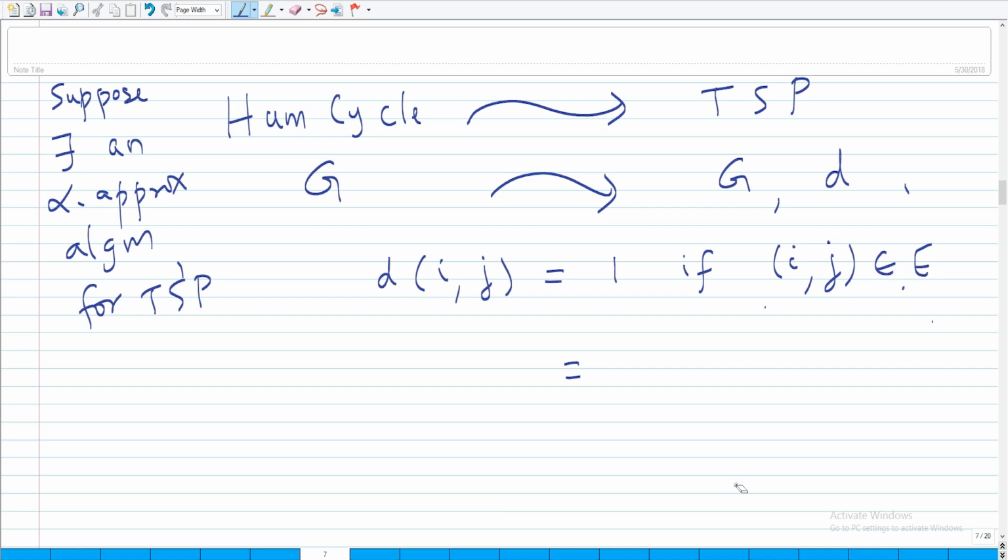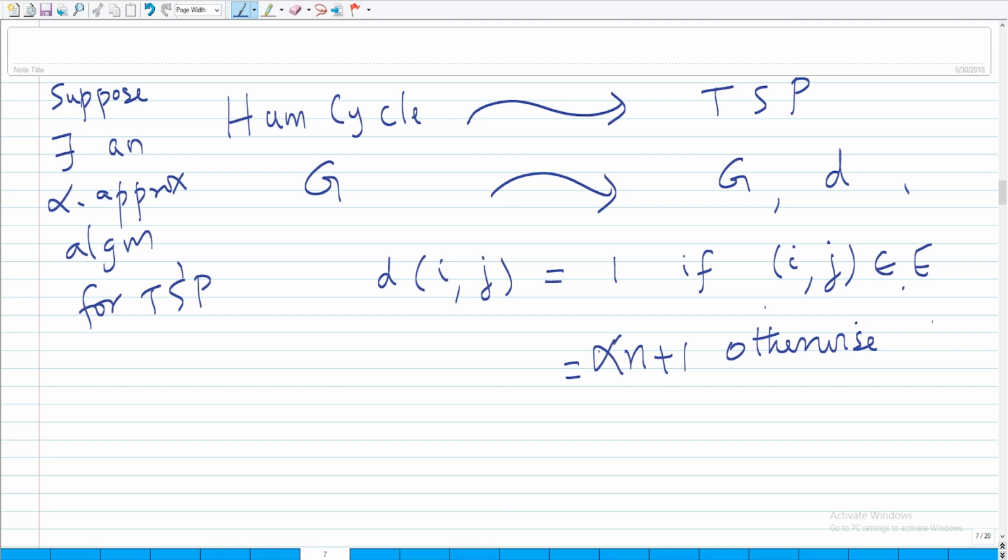Okay. Let me put the weights and then you will see. For an edge that is not there, what I am going to put? I am going to put a cost of alpha times n plus 1. See, you told me there is an alpha approximation algorithm, right. So, now I will put a cost of alpha times n plus 1 whenever the edge is not there.